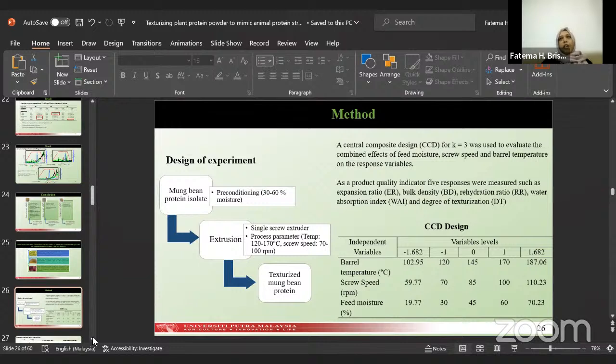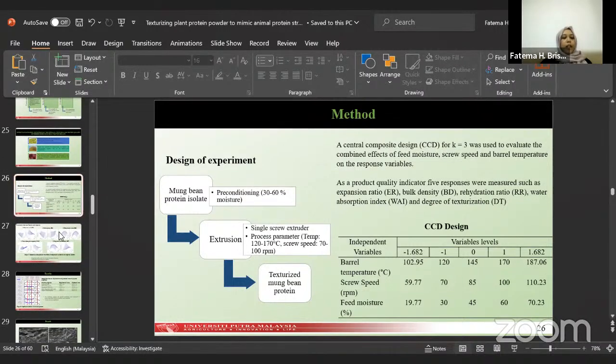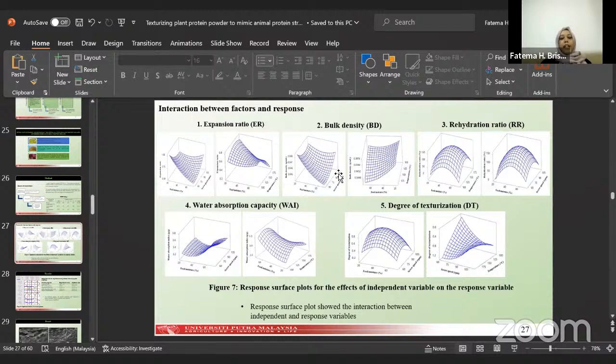Okay, so after we have done our laboratory small study, we again conducted another study containing 30 more recipes using these 3 independent variables. Okay, so this is some RSM plots, response surface plot.